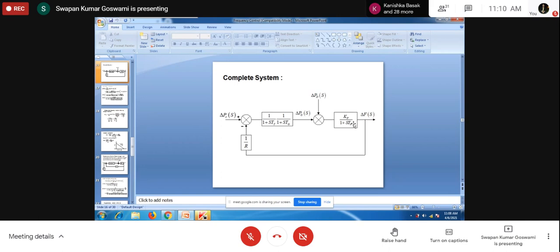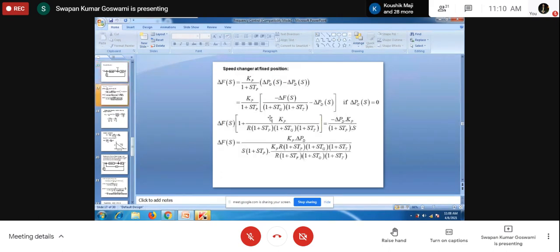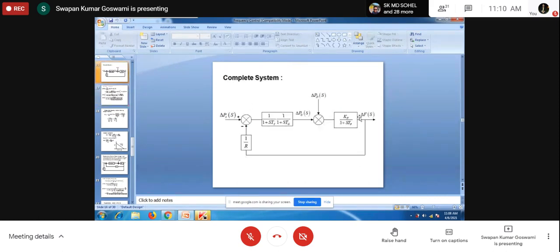Since the frequency is varying, let us find the expression of frequency in terms of change in input and change in demand. So if you write the expression for del f s, it is Kp by 1 plus sTp into del Pgs minus del Pds. There is a minus sign here, and a plus sign, del Pgs minus del Pds. Again, you put the value of delta Pgs.